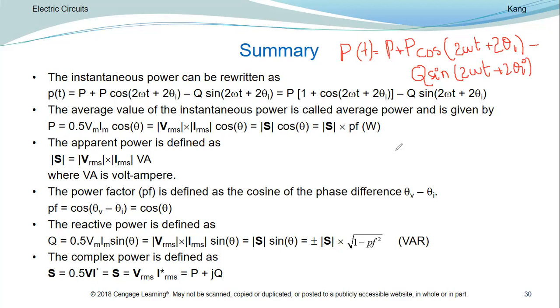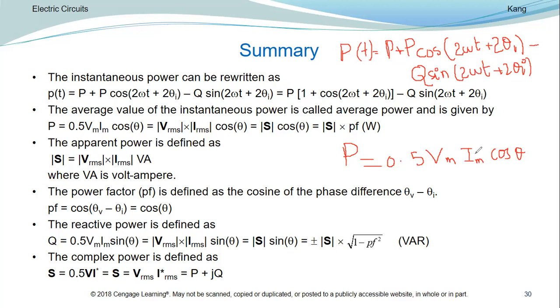Now the average value of the instantaneous power will be given as P equals 0.5 Vm Im cos of theta.